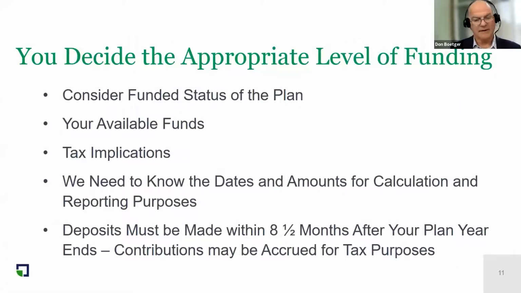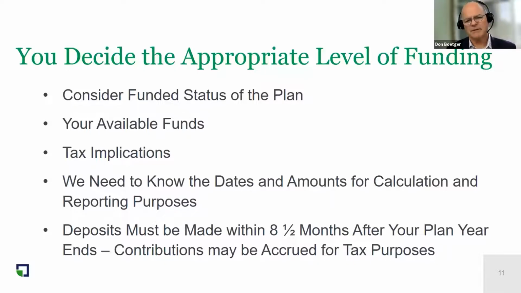So basically, this is where you consider how well funded you are. So let's say I made that promise of 105,000 and I put in 100,000, but I lost 20%. So I only have 80,000 in the plan. Well, you're going to have to make that up over a period of time, either through investment return or additional funding, so that we end up with the 105,000 at the time it's to be paid out.